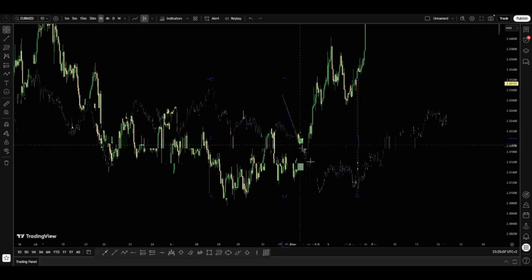So if you elongate it, you did get an entry because the market broke your trend line, but it came back, and when it came back, it went in, then came back to retest your trend line. Then that's where you could have entered.